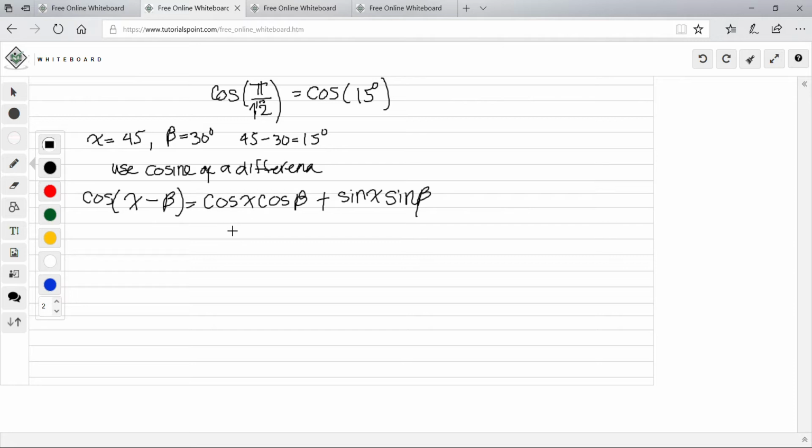So we need to know the cosine of alpha, which is 45, and then we need to find the cosine of beta, which is 30, plus sine of alpha, which is 45, and then sine of beta, which is 30 degrees.